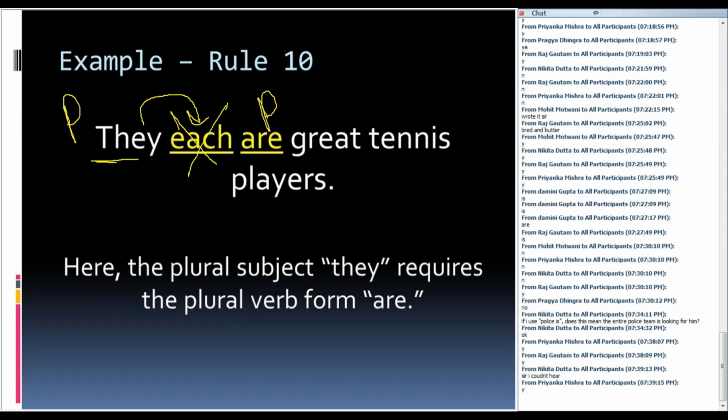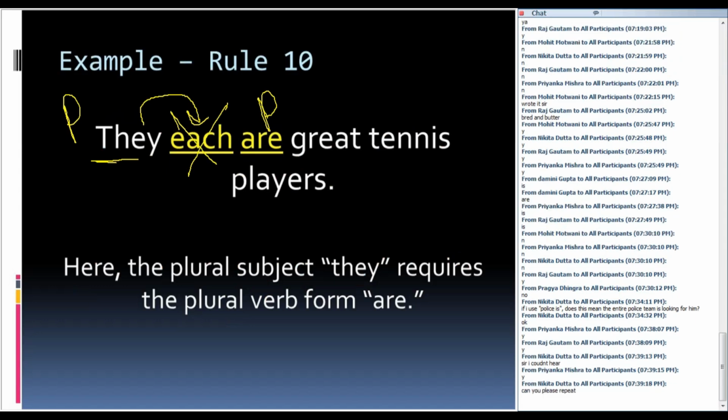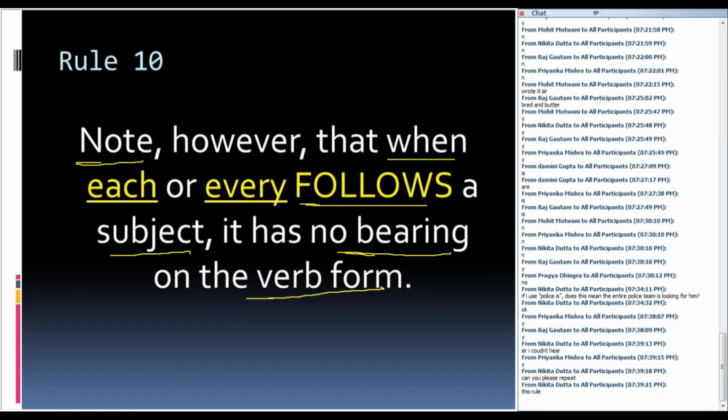Okay. I could not hear. Nikita, what could you not hear? Yes, I will repeat this rule, this entire rule, or this one.